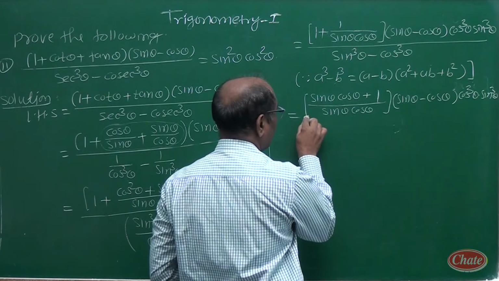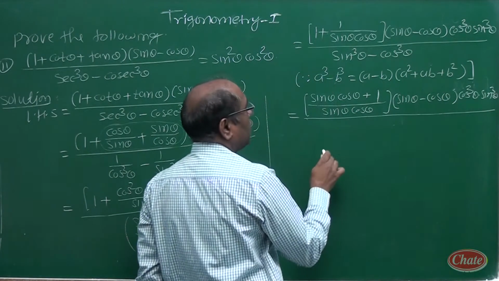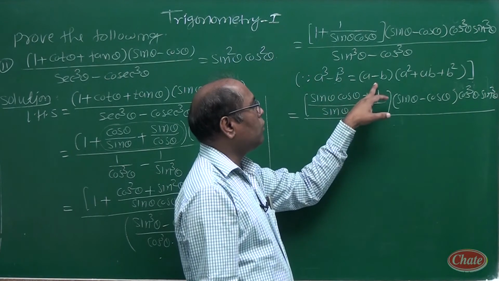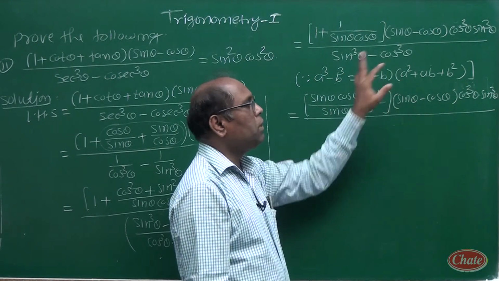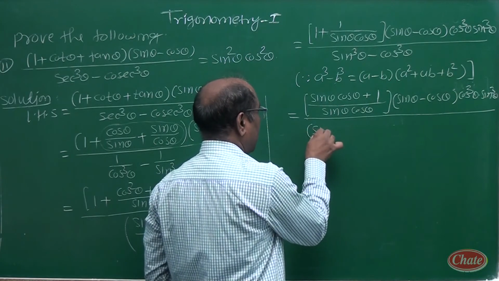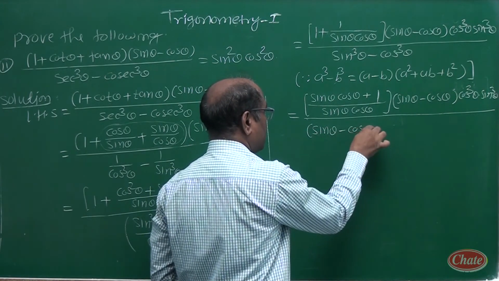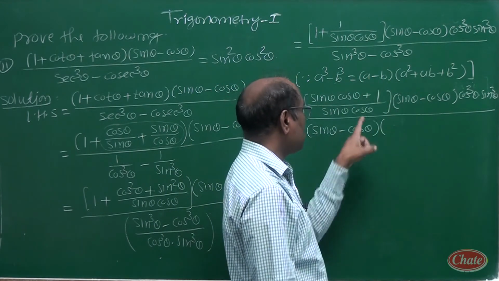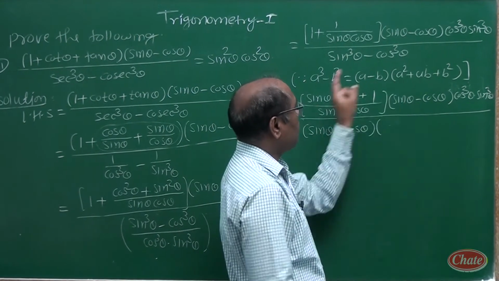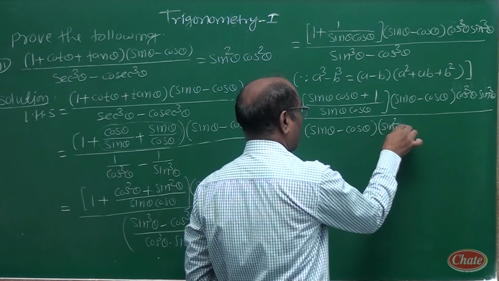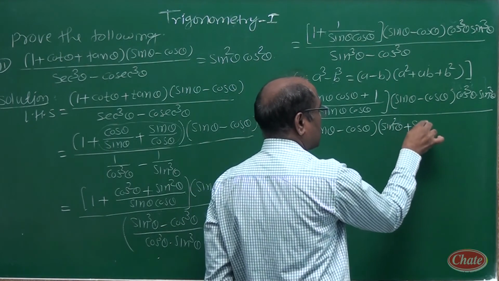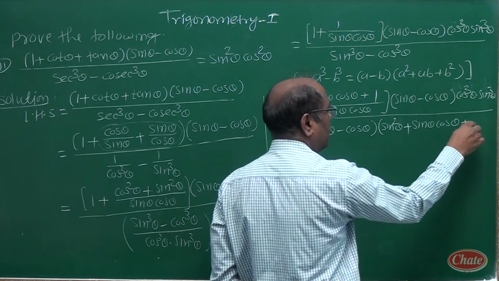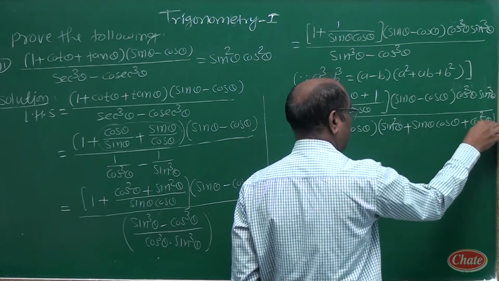whole divided by, now in the denominator we use the formula a cube minus b cube. Here a means sin theta, b means cos theta. So we get sin theta minus cos theta into, in the second bracket, a square means sin square theta plus ab means sin theta into cos theta plus b square means cos square theta.